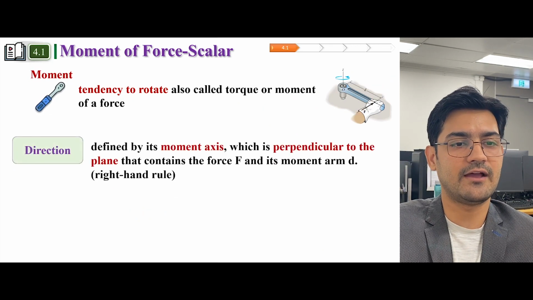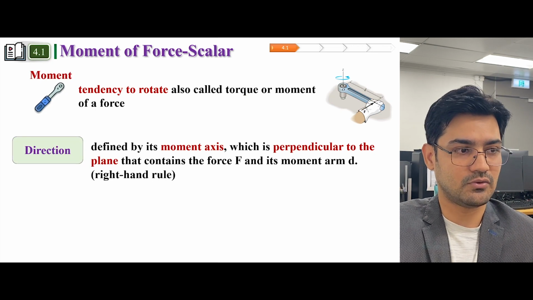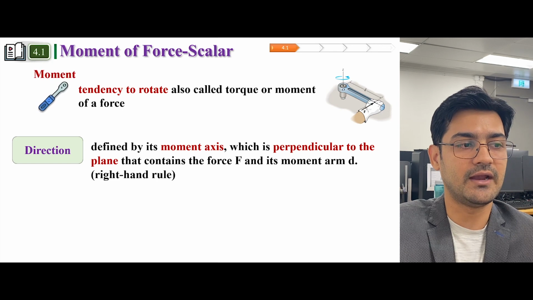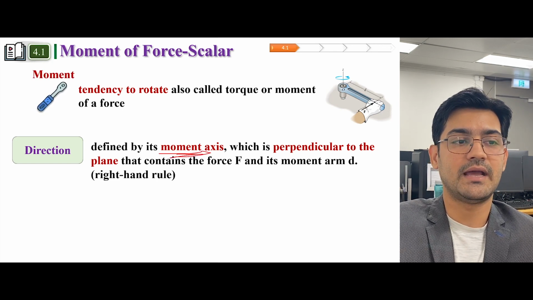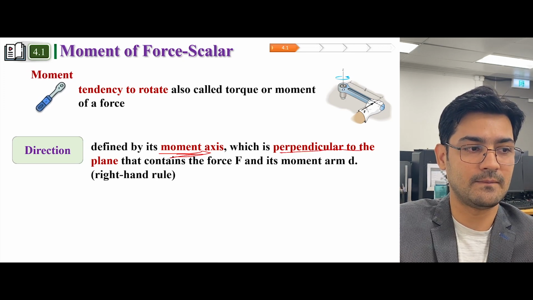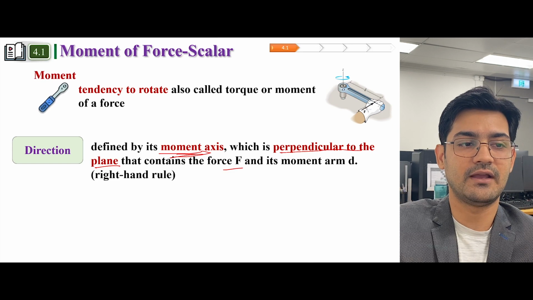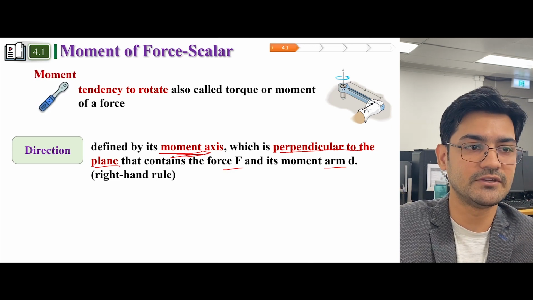Now moment also has a direction because it is a vector quantity. So the direction is defined by its moment axis. Now what is a moment axis? Moment axis is perpendicular to the plane that contains force F and its moment arm d. We were discussing the right hand rule in previous chapters.